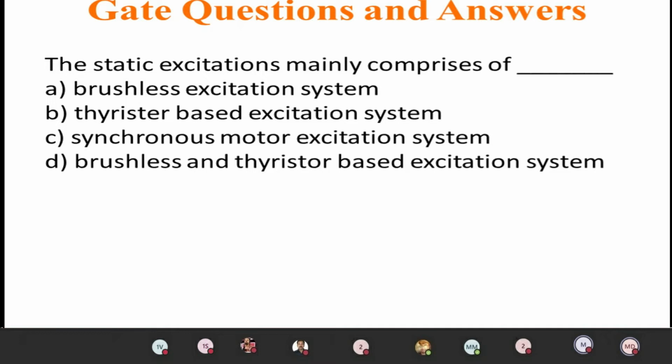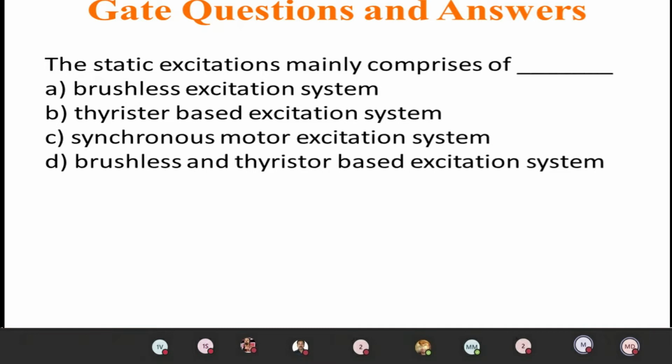Then synchronous motor excitation system. For this excitation system they did not mention any static equipment. Then brushless and thyristor based excitation system. The question is what static excitation is mainly comprised of, that means which equipment we mainly use in a static excitation system.